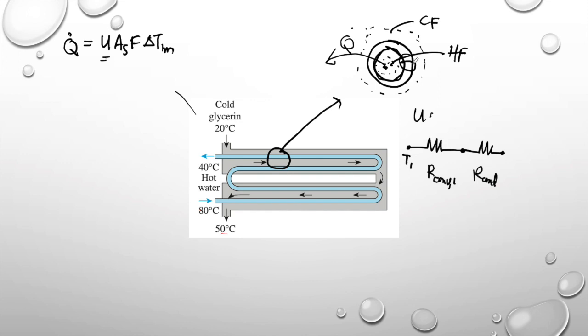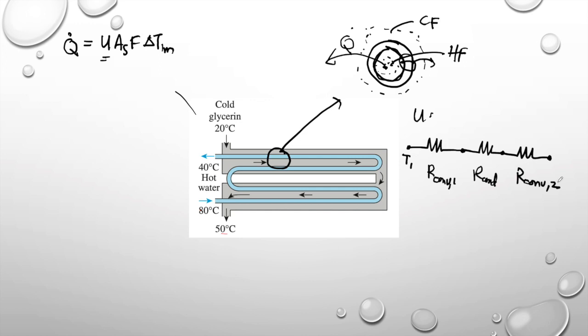After that we have convection on the outside surface of the tubes. The last one is convection, so R convection 2. So this is the thermal resistance network for your tubes.